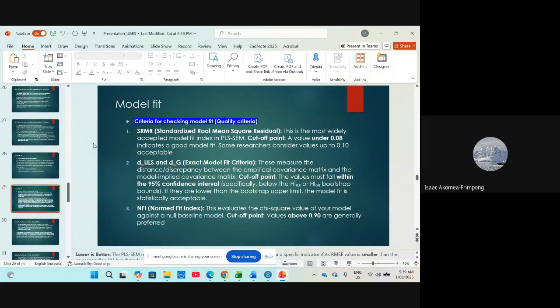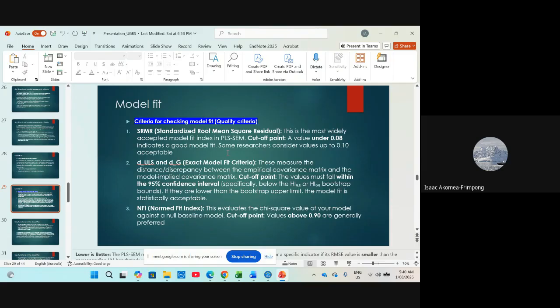So one of them is the standardized root mean square, basically. The cutoff point is that it should be less than 0.08. If you have less than 0.08 with your SRMR, then that means your model is a good fit, or your model is okay.